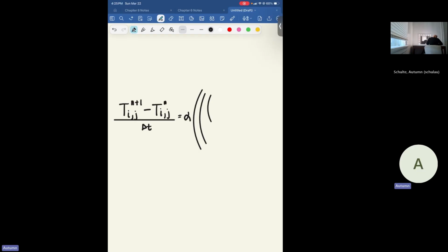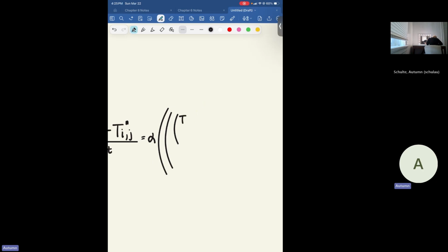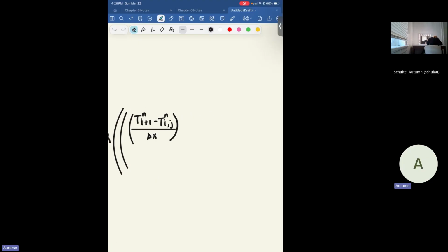So starting off with x, we are going to go from the temperature to the right of us at our time n minus the temperature at our position, divided by a delta x, minus the temperature at our time n at our position minus the temperature to the left of us at our time n divided by delta x, this change in x position.